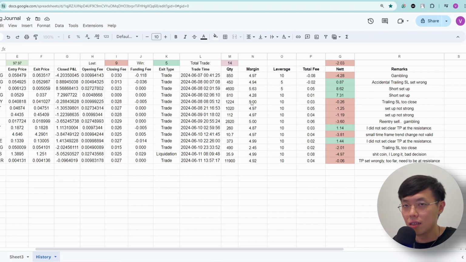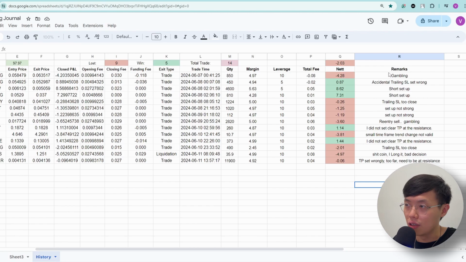5 USD, right? It's always 5%, and the leverage that I use, and the total fee, and the net profit and loss here. Okay, net profit and loss, and then the remarks, right? You want to keep track of your remarks, right? What's the reason why you opened that trade? All right.